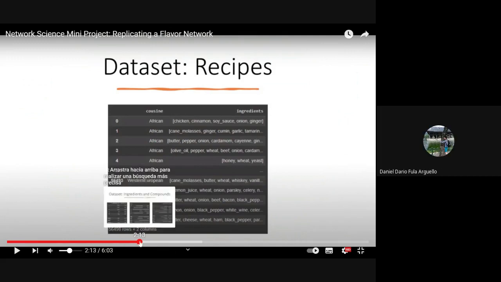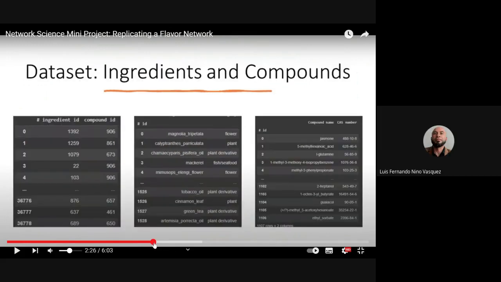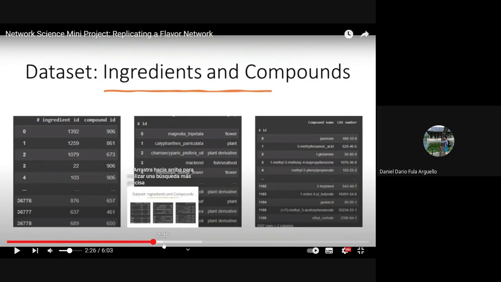Please go ahead. We have also an ingredient and a relation. We have 2 tables: the ingredients data and the components data, and a table that relates these 2 tables.